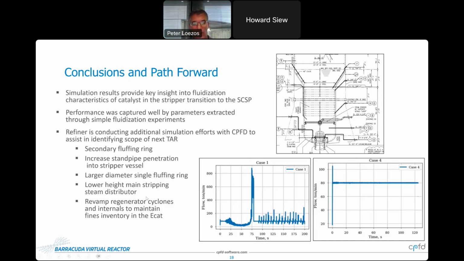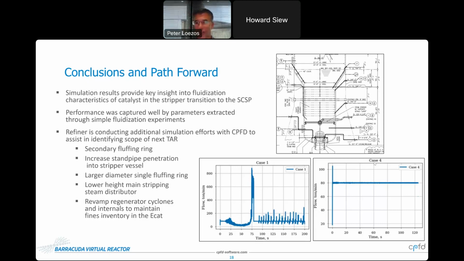And finally, we'll touch on this in the next slide, they're also looking at revamping the regenerator cyclones and internals to maintain the fines inventory in the ECAT. Before I leave this slide, I'll just draw your attention to these two plots on the right. This is circulation rate, catalyst flow versus time for the base case, which is case 1, and one of the design cases.